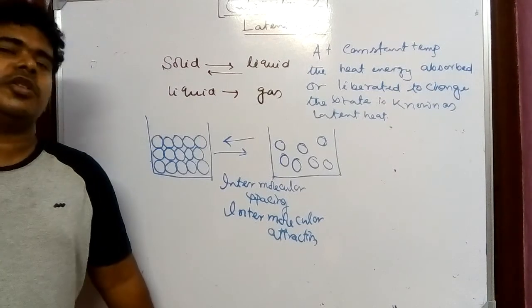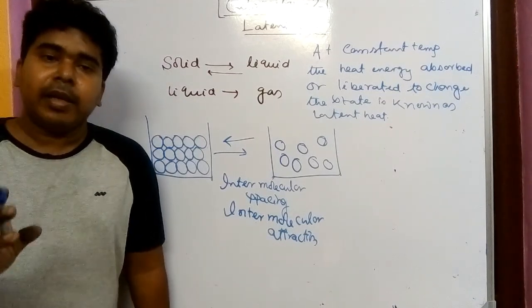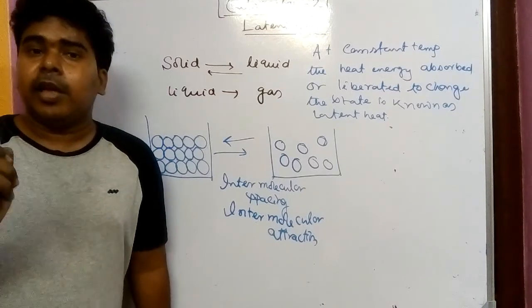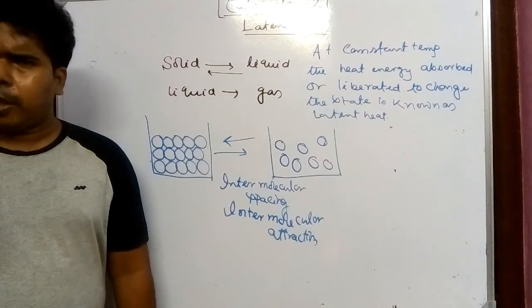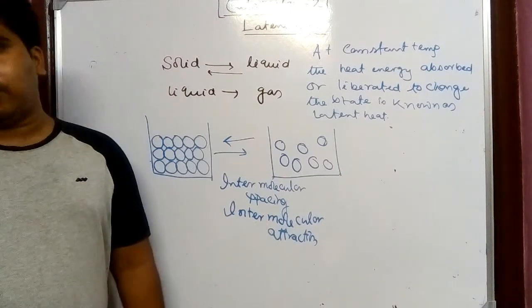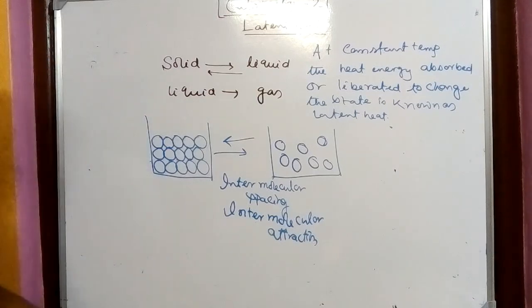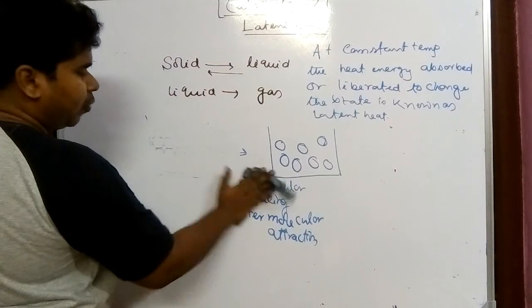That heat energy is known as latent heat. So latent heat mainly deals with the intermolecular forces, and that's why the temperature is not increased by that heat energy. I think it is clearer now what latent heat is and what its work is.